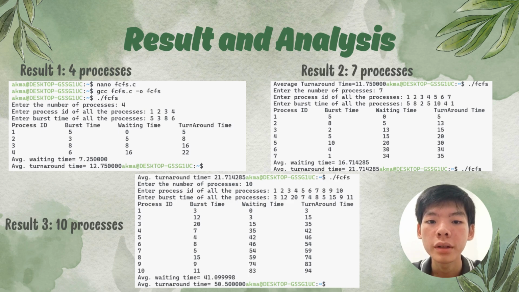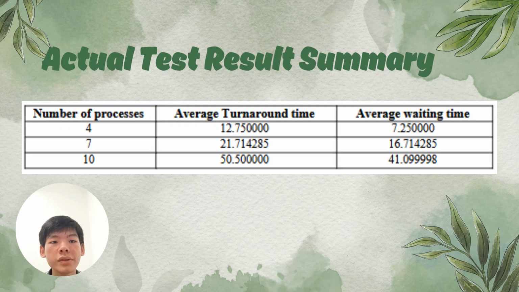Come to the result and analysis. We conducted three FCFS scheduling tests using 4, 7, and 10 processes respectively. This is the actual test result summary. For 4 processes, the average turnaround time is 12.75, average waiting time is 7.25.